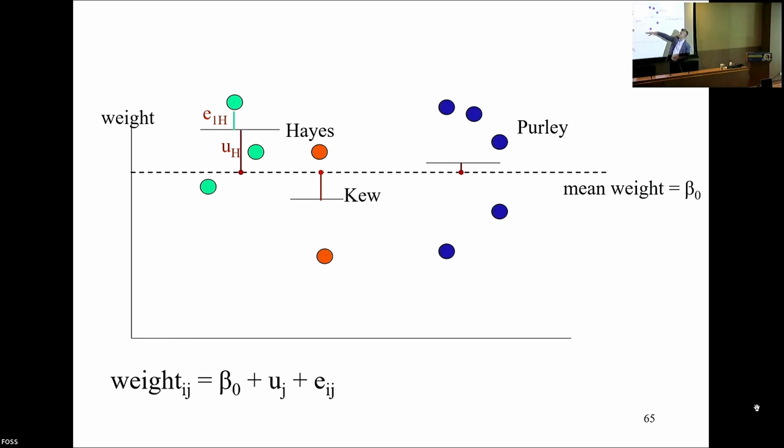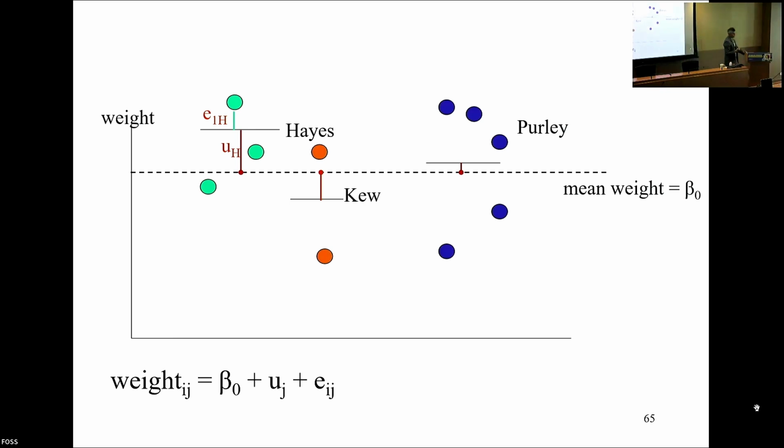So for each of these data points, we can calculate the UJs, the difference between the mean of Kew and the overall mean, or the mean of Hayes and the overall mean, as well as the EIJs, the difference between each individual data point and their group mean.